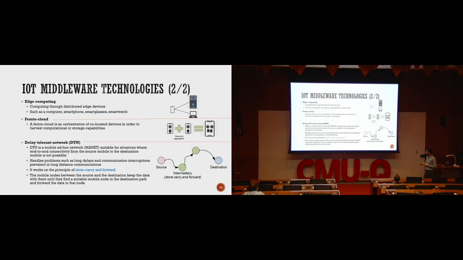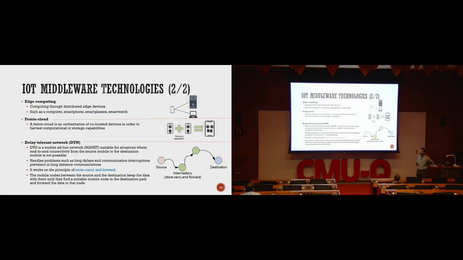Then we have edge computing. Edge computing refers to user-owned devices, your computer, your smartphone, your smart glasses, stuff like that. So some researchers confuse edge computing with fog computing. They would use them interchangeably. But according to Open Fog Consortium's reference architecture, which is backed by organizations such as Cisco, Intel, Dell, ARM, Princeton University, and some other well-known universities, their definition of edge computing is solely your end-user edge devices, user-owned devices.